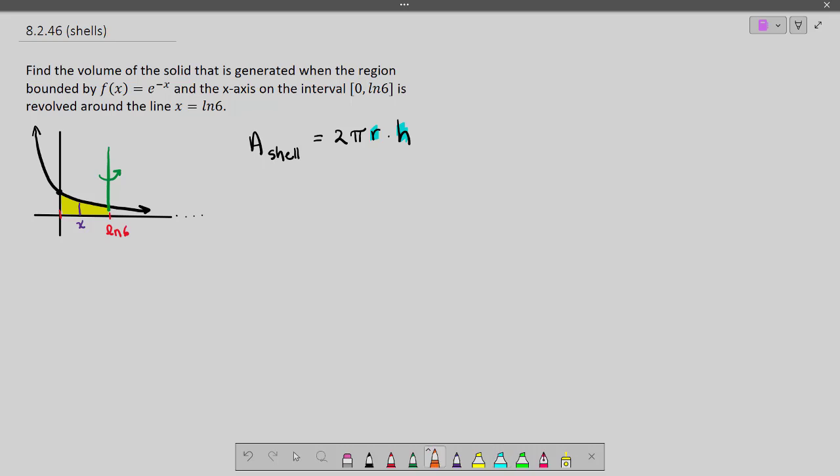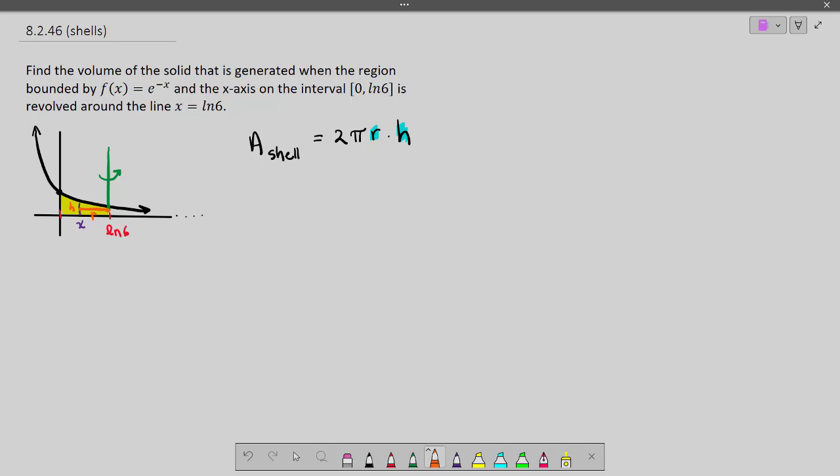So when we go to find volume, we'll integrate from 0 to natural log of 6. And we're going to have 2 pi. Okay, let's separate this. So we're going to have 2 pi natural log of 6 multiplied by e to the negative x. And then we're also going to have minus 2 pi x e to the negative x dx.